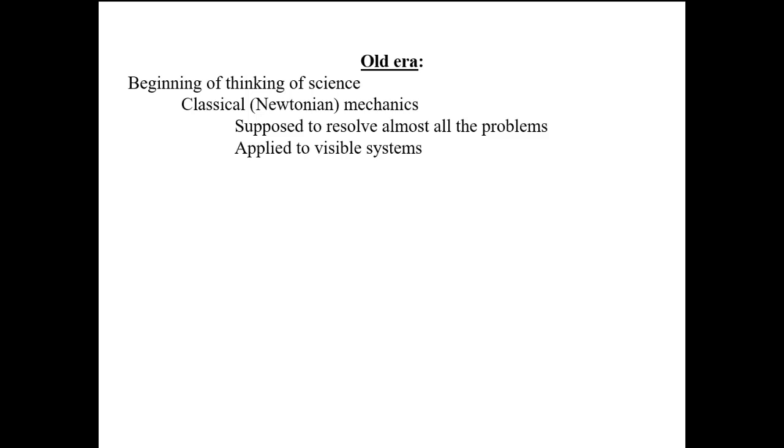It is worth mentioning that at the end of the 19th century, physics was essentially classical mechanics. Newtonian mechanics was supposed to resolve almost all the problems of known systems until systems of microscopic dimensions were discovered. Therefore, one can say that the old era was the era of the beginning of scientific thinking.